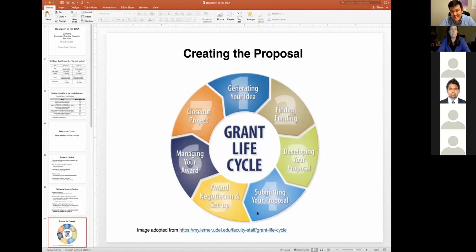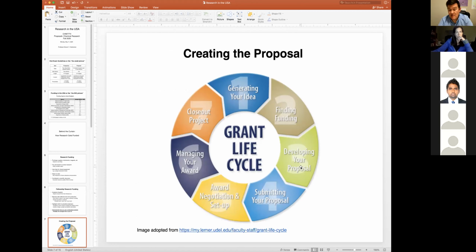Creating the proposal is the starting point for us. There is what we call a grant life cycle, and it proceeds from generating your idea to finding the funding, which we're not going to focus on a whole lot in this class. Primarily, we will focus on generating your ideas and developing your proposals.